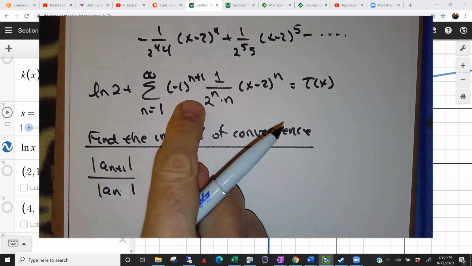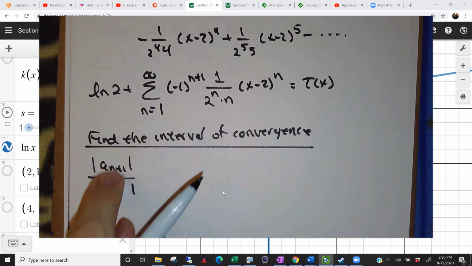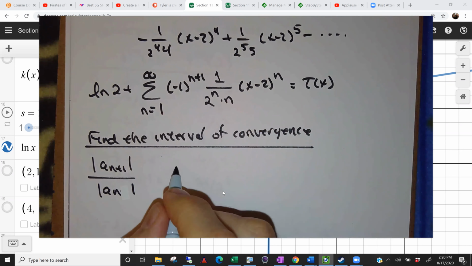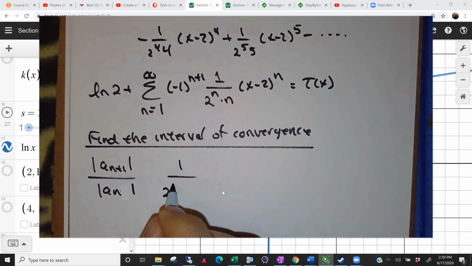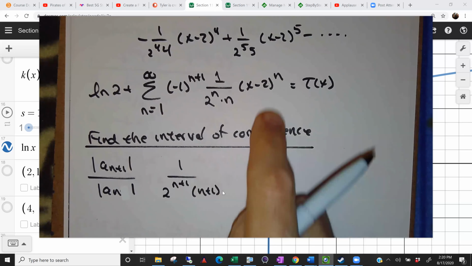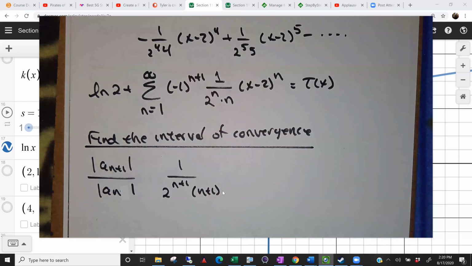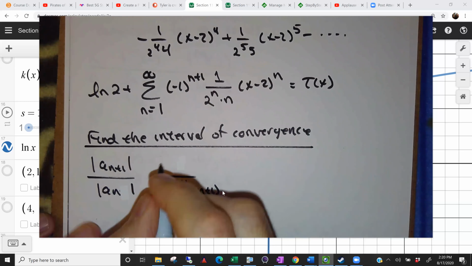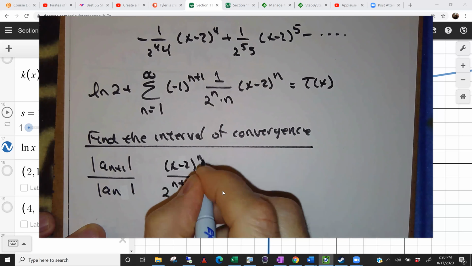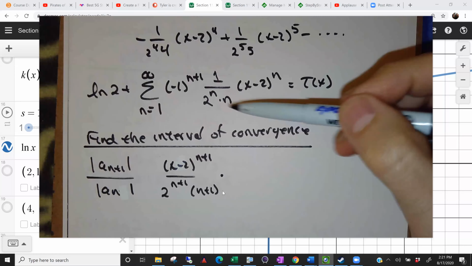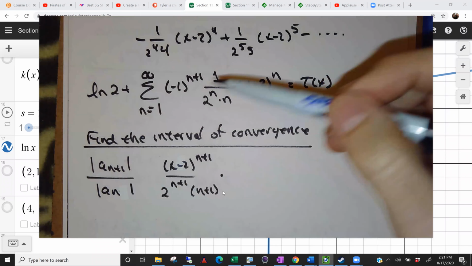I'm not going to worry about the -1 to the n term because the absolute values will take care of that. So that's going to be 1 over 2 to the n plus 1 times n plus 1. And this x minus 2 to the n, let's put that up in the numerator. So it's going to be x minus 2 to the n plus 1 times the reciprocal of this, which is our a sub n.